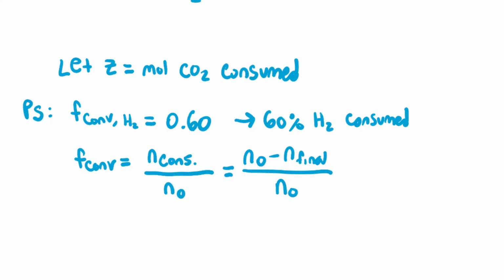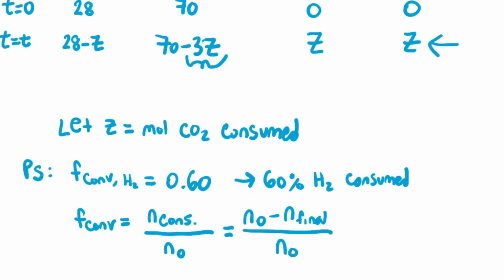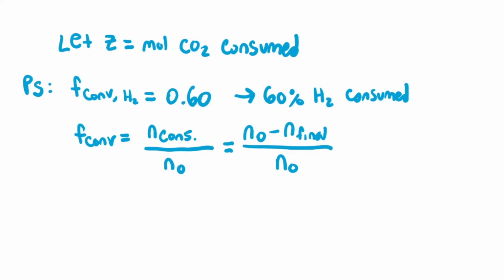N consumed is going to be this subtracted term. Sometimes it could be Z, sometimes it could be 3Z. It really depends on what your coefficients are and what you're saying is Z. Since we've identified that this is my consumption term, we could also rewrite it as 3Z over N naught.